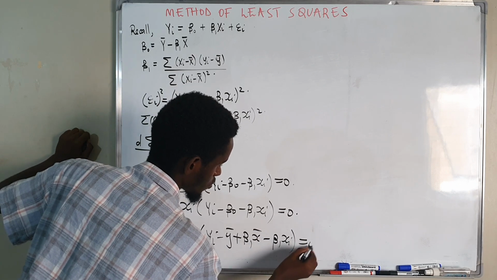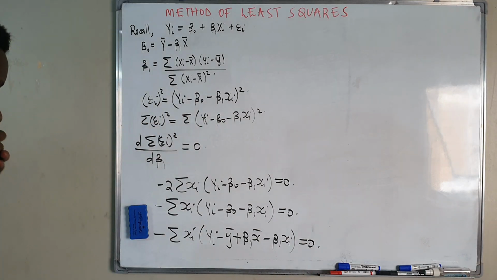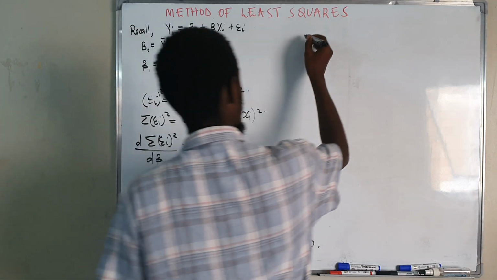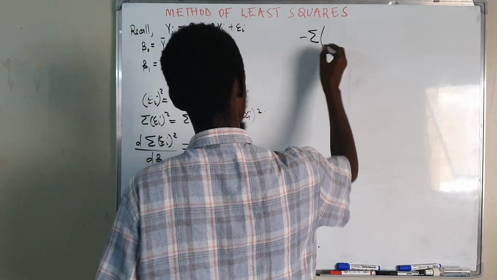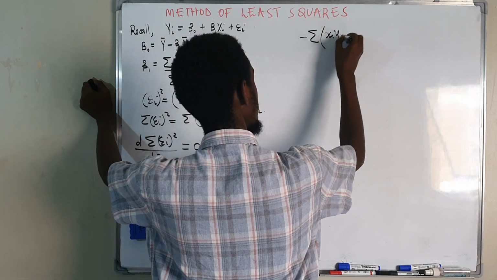Now from there, if I try to open brackets, I'll have the negative, then the summation of xi times yi, xi yi.